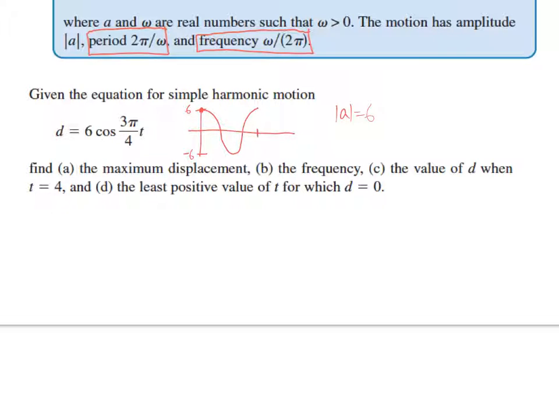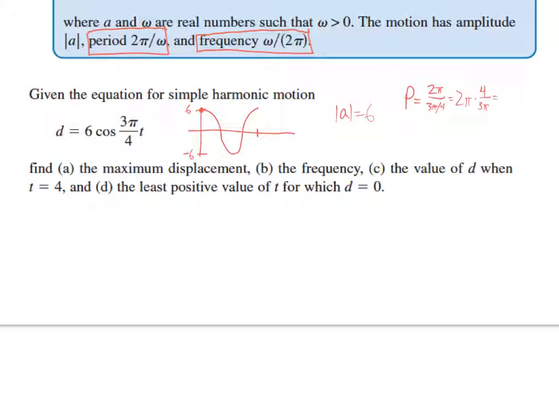The next question is, where does it end? What's our period? 3 pi over 4 is omega. What is the period? I was going to say 2 pi over 3 pi over 4. That's right. 2 pi over omega, which is 3 pi over 4, which is 2 pi, as Rachel said, 2 pi times 4 over 3 pi.